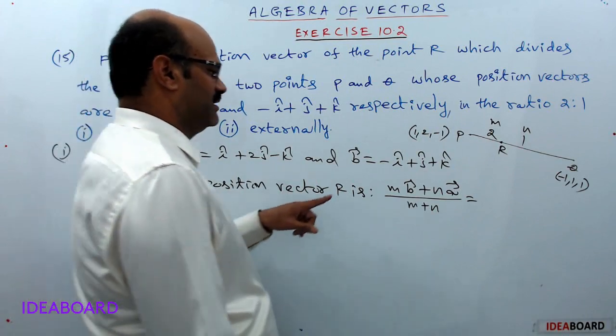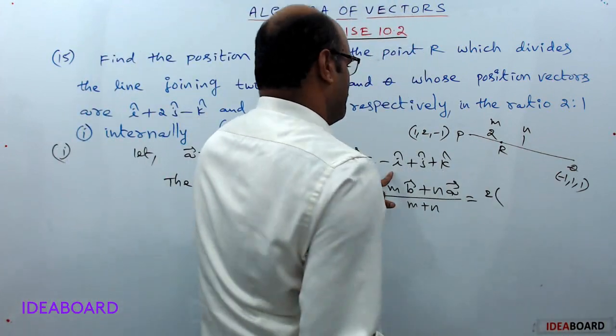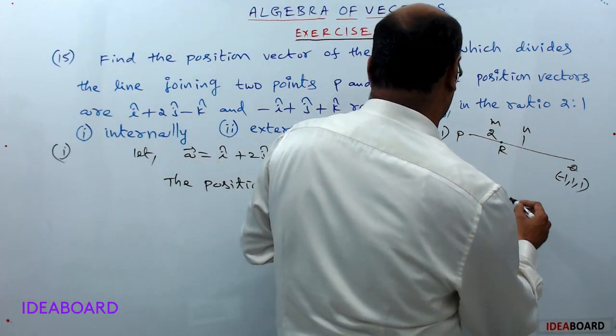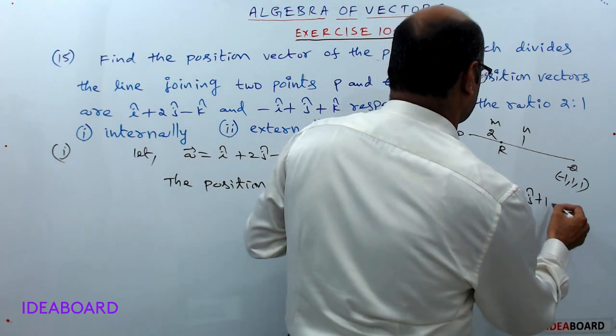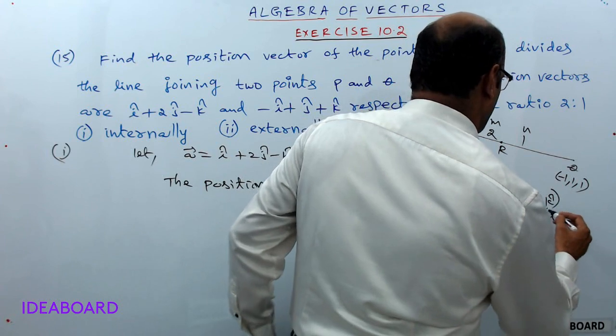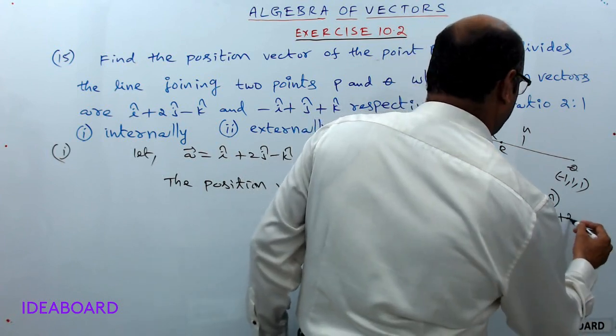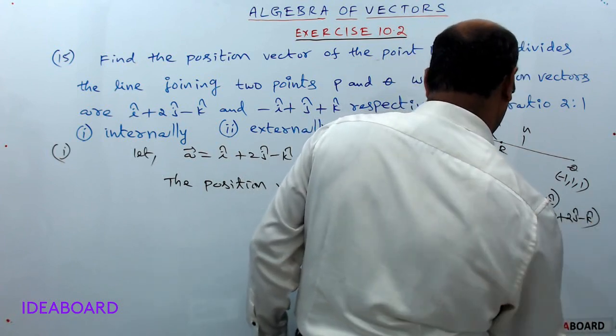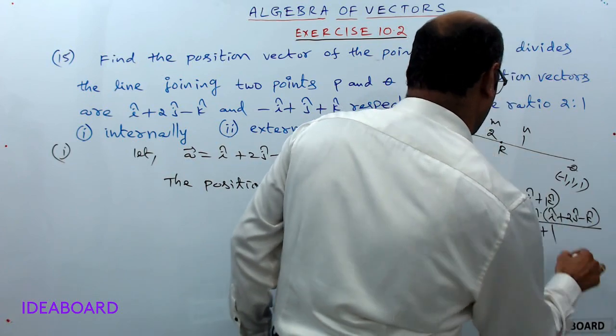So m into b vector: 2 into minus i cap plus j cap plus k cap, plus 1 into i cap plus 2j cap minus k cap, upon 2 plus 1.